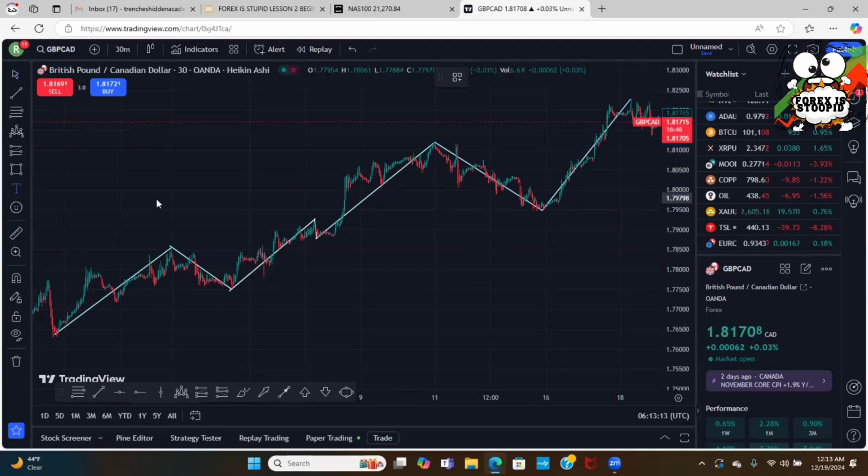Even on a small time frame. Higher highs, followed by another higher high, followed by a higher high, followed by another higher high. If it's buying, it's the lowest low, followed by a lower high, a higher low, followed by another higher low.